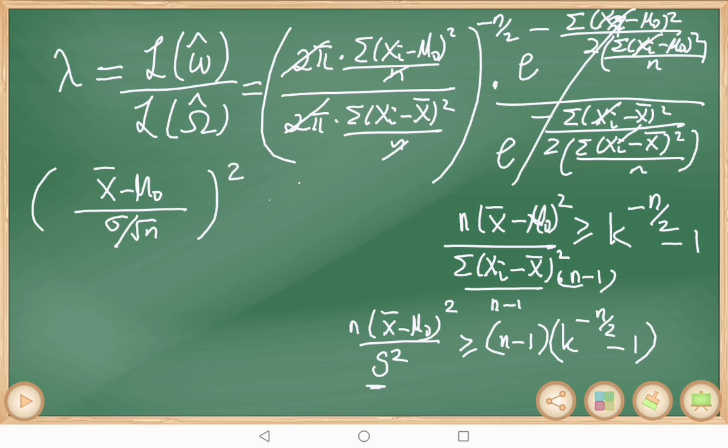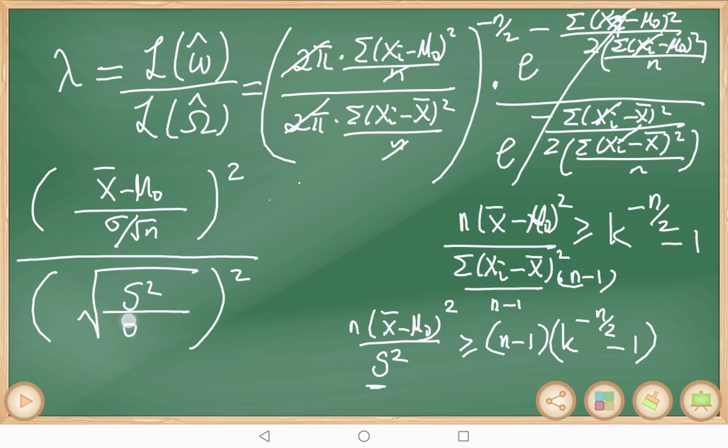Alright, so here we introduced sigma square, the constant, and therefore over here we can do the following. So square root of s square, we can square this as well, and we divide by sigma square, right?